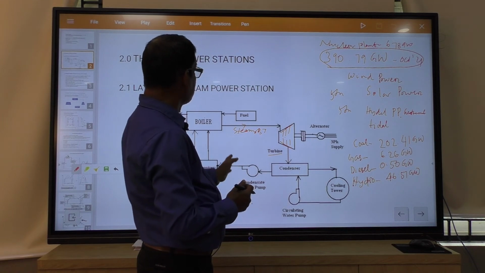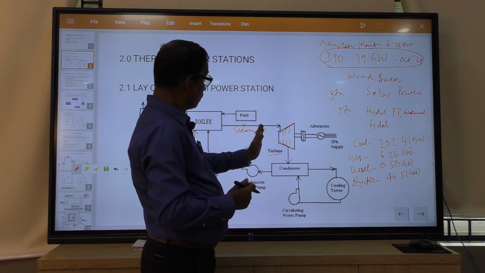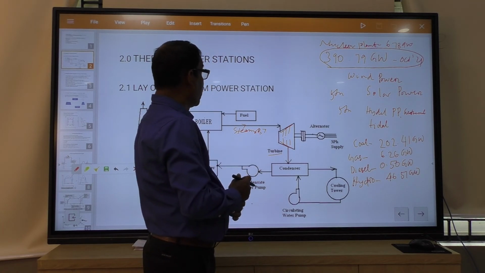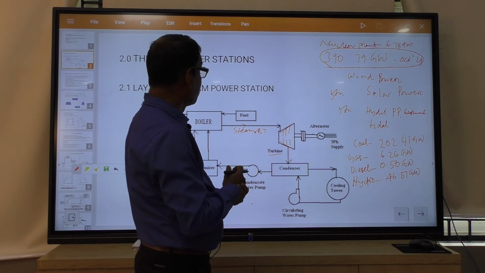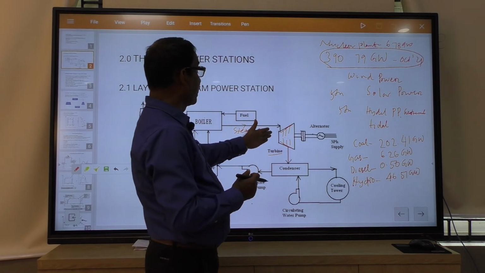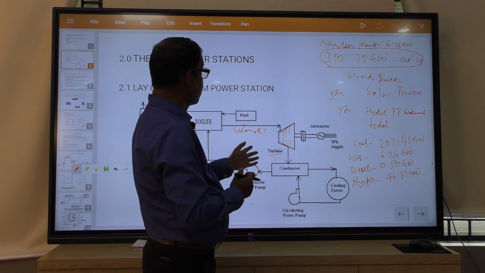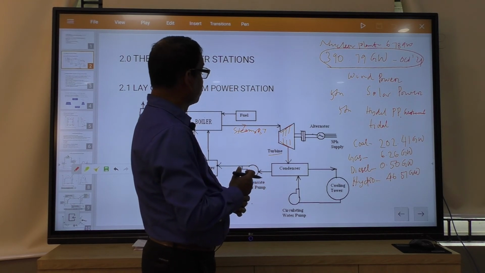The steam from the boiler enters into the steam nozzle, where the velocity of the steam increases, so we get the kinetic energy, and when that kinetic energy is passed through the turbine, it is converted into mechanical energy.